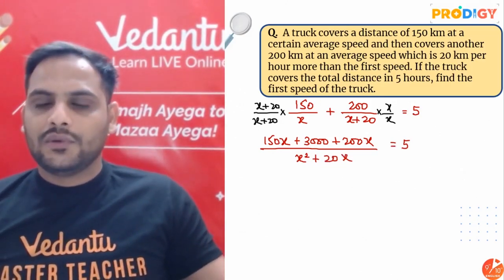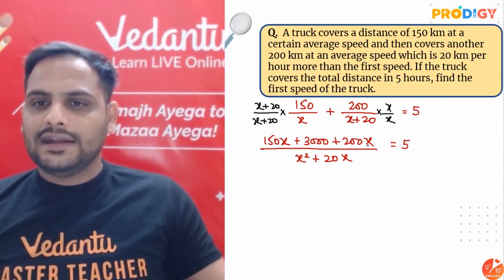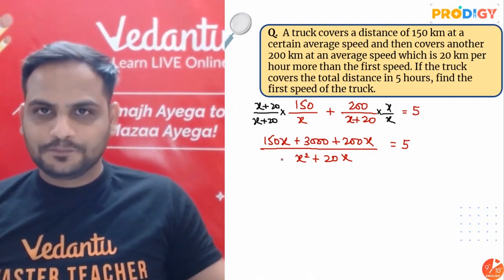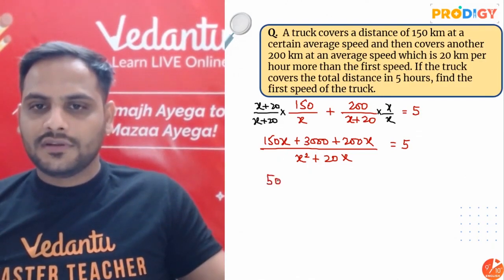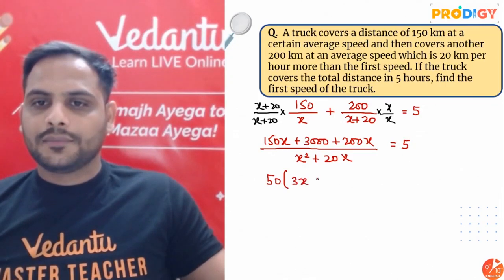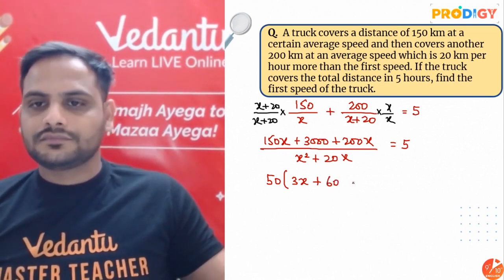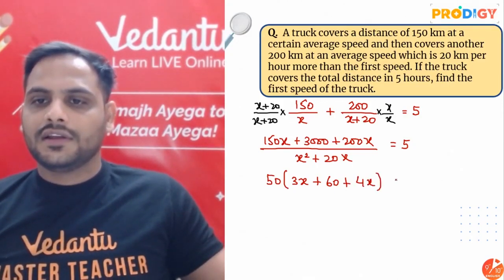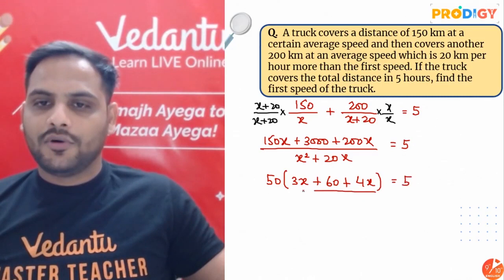Now here what can I take common? I can take 10 common, or I can take 50 common. So let's take 50 common. I will be left over here with 3x plus 60, plus, if I take 50 common over here, it will be 4x, all upon x square plus 20x is equal to 5.